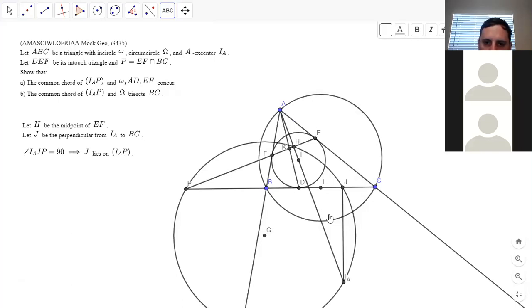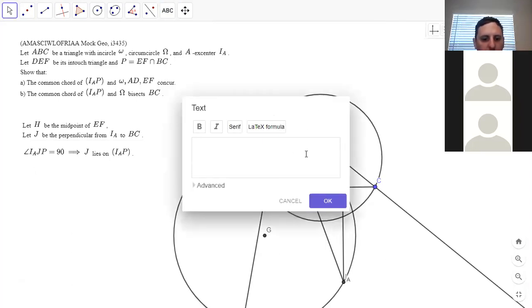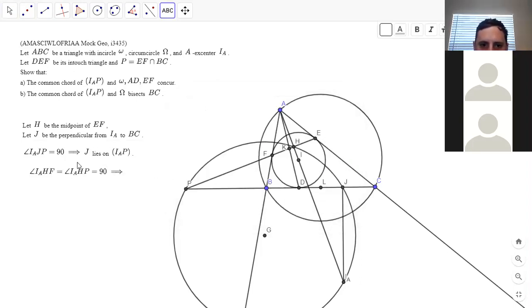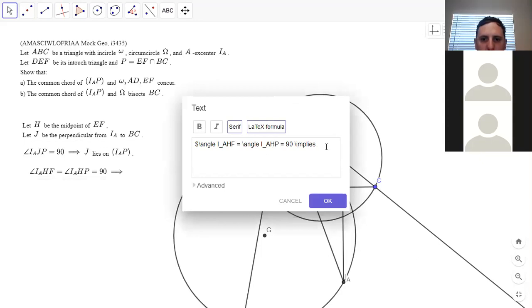Also, angle IAHF equals angle IAHP equals 90. That means that IAJHP is cyclic.